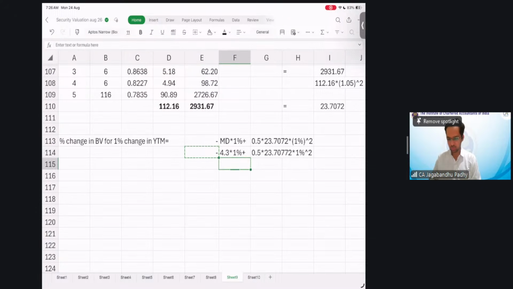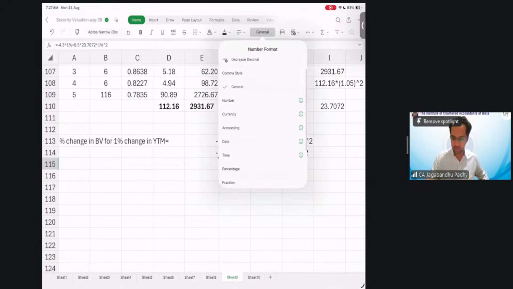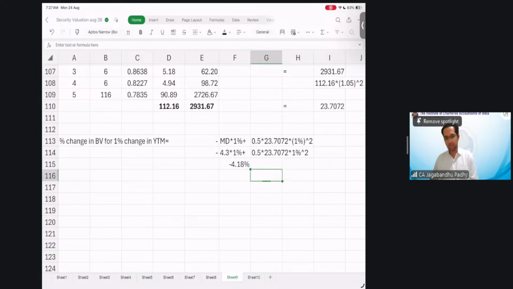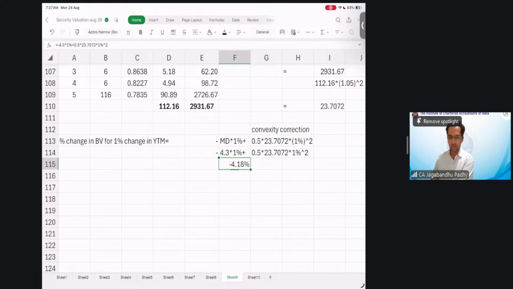So this is going to work out as minus 4.3 into 1%, which is 0.01 essentially, plus 0.5 into 23.7072 into 1% square. What we find as a percentage change after making for this section is your convexity adjustment or convexity correction. After making this convexity correction, we're getting the percentage change in bond value to be 4.18% negative.